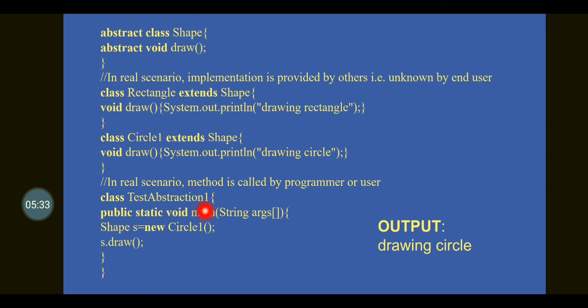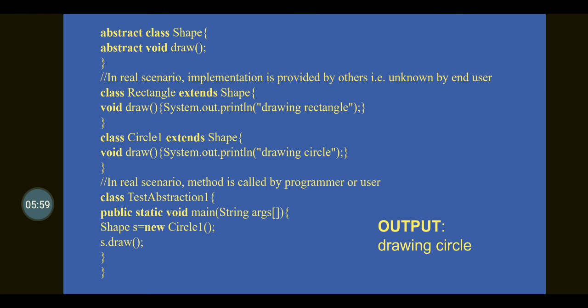Rather, you can give any derived class constructor here, so you can instantiate with the help of the derived class constructor. So Shape s equal to, you can give either new Circle1() or new Rectangle(). Now s.draw() will call the corresponding draw method of the particular derived class.